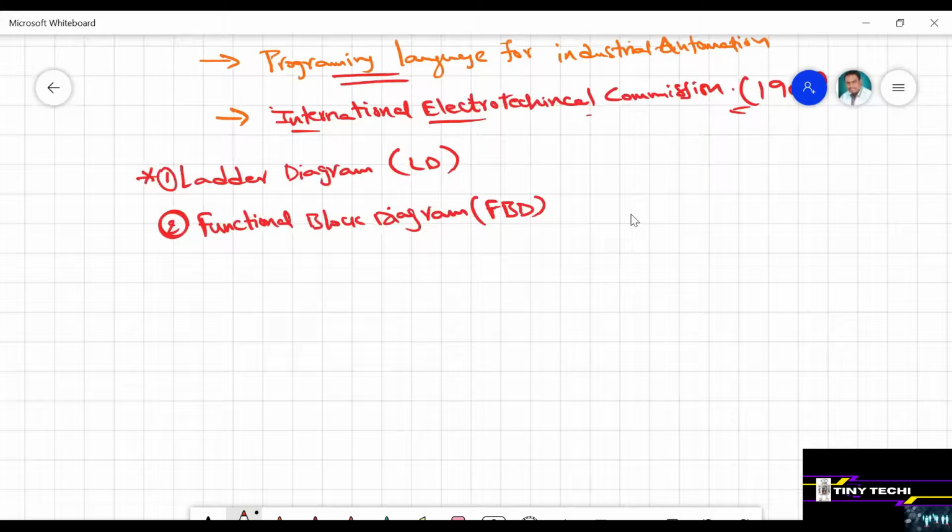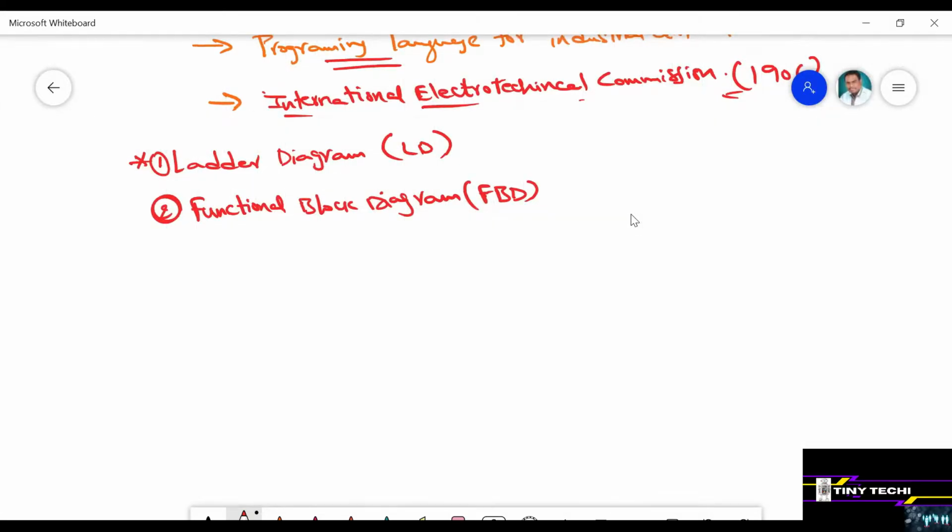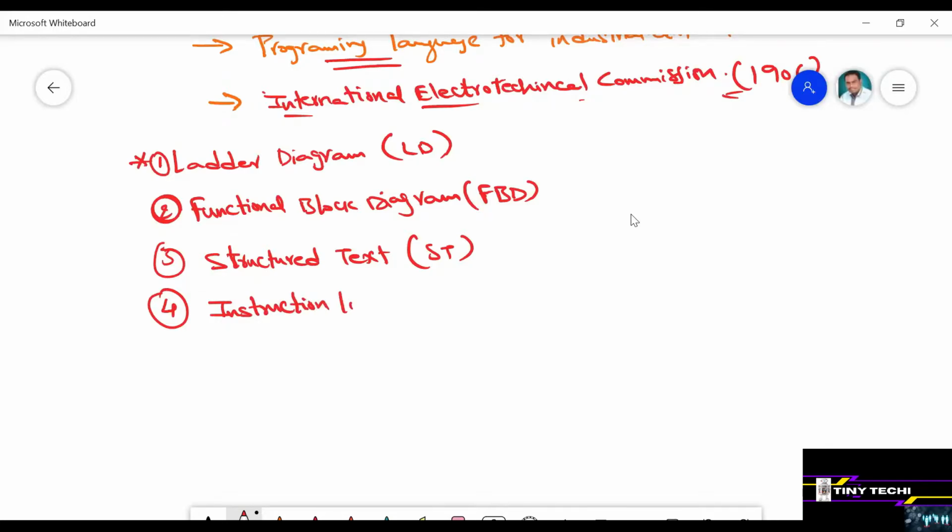The next programming language under this IEC standard is structured text, represented by ST. The fourth programming language is instruction list, represented by IL.